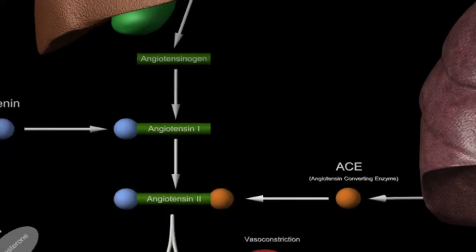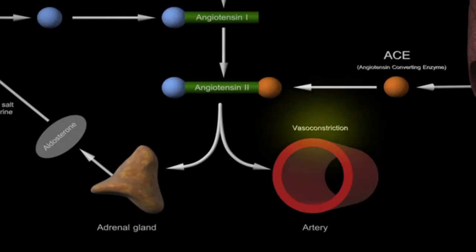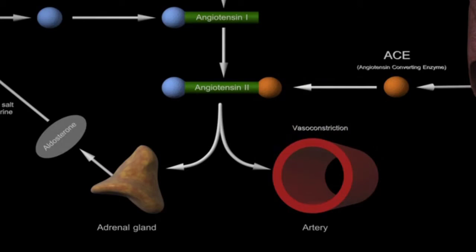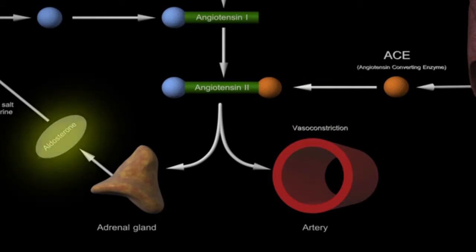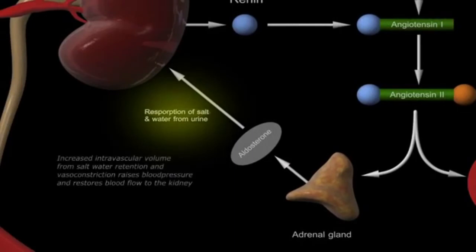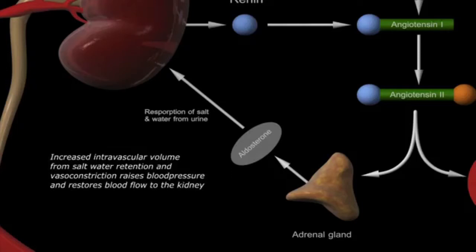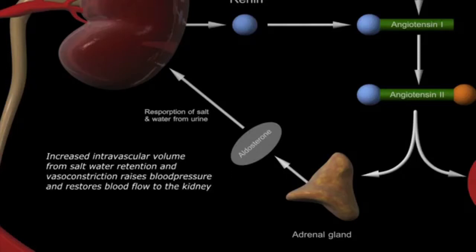Angiotensin II then acts on both the arteries and adrenal glands, causing constriction of the peripheral blood vessels of the arms and legs, and secretion of another hormone from the adrenals called aldosterone. Aldosterone causes the kidneys to absorb salt and water from the urine. The combination of vasoconstriction and saltwater retention increases blood pressure and restores blood flow to the kidney.